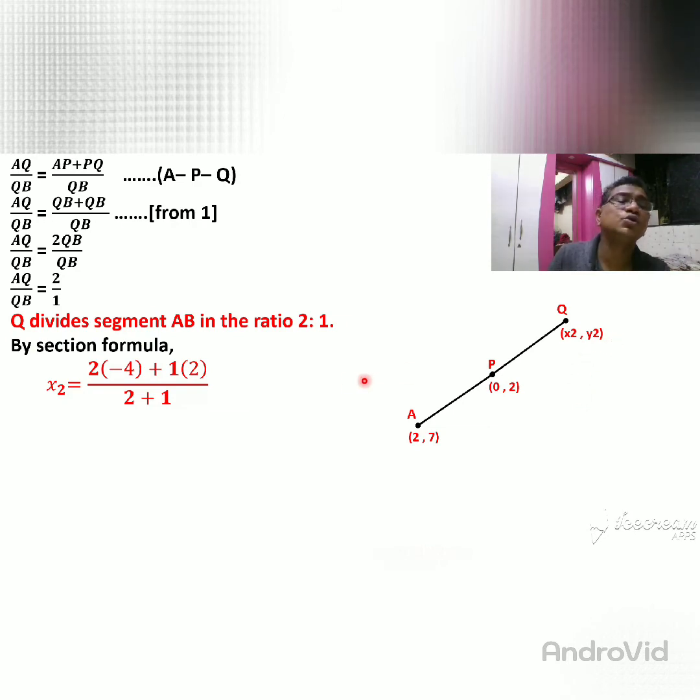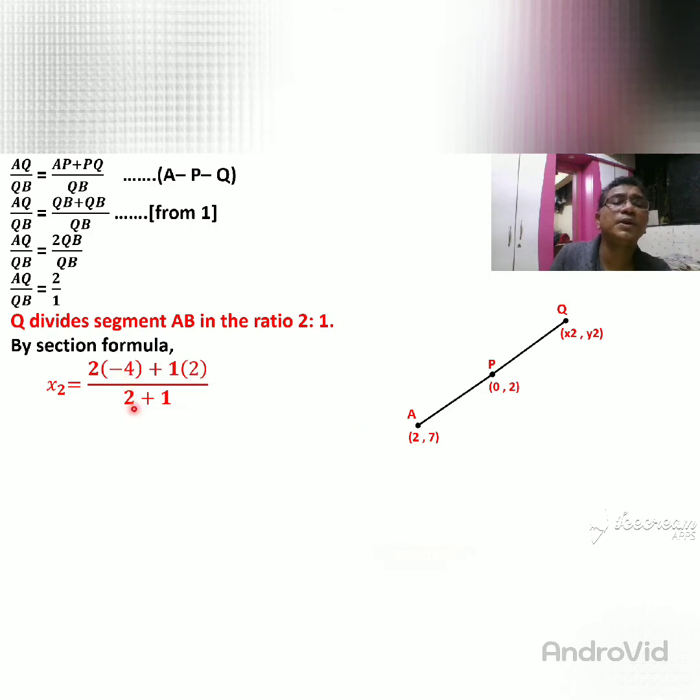You want to find out x2 and y2. By the section formula, x2 is equal to (m x2 plus n x1) divided by m plus n. M is equal to 2, so I write 2. X2 here is given as minus 4, and n is 1, then x1 is 2, so here I write 2.